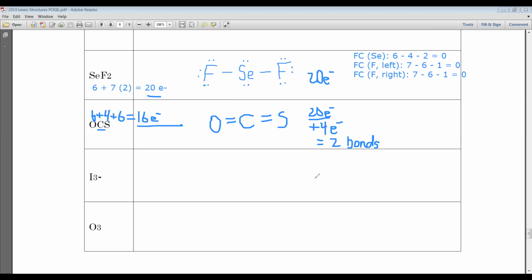Now, which one makes the most sense to do? Which one should we do?